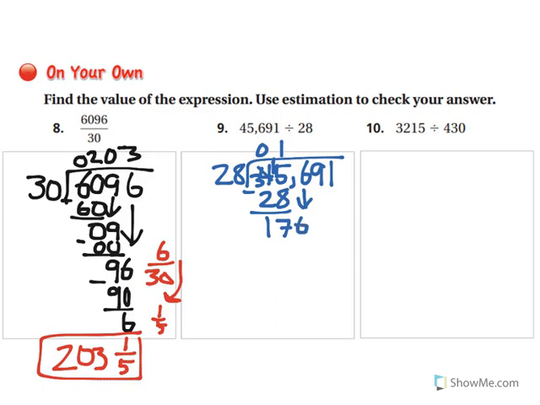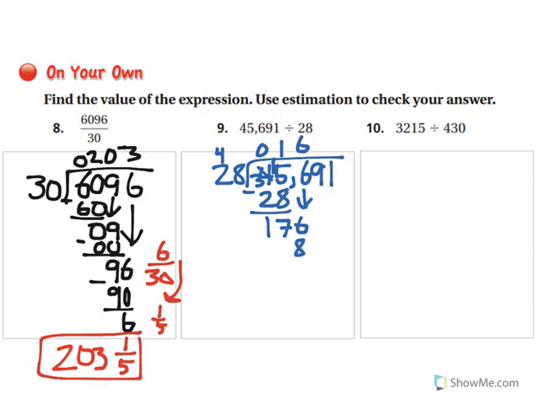28 is close to 30, so I'm going to use that to help guide me. 30 times 5 is 150. 30 times 6 is 180. And this is a little bit less than 30, so we're going to go ahead and go with 6. So 6 times 8 is 48.